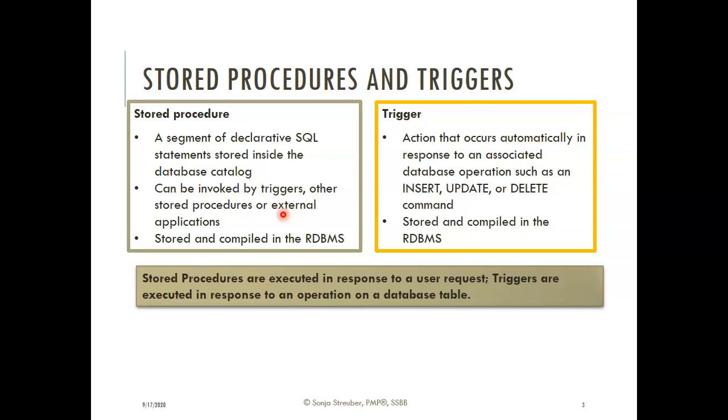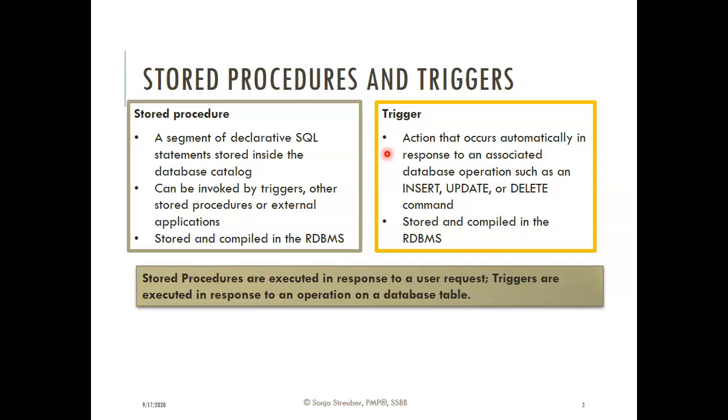an external function call. Stored procedures, just like triggers, are stored and compiled in the RDBMS, but the difference here is that a trigger occurs automatically in response to a database operation, and that database operation occurs on a table.